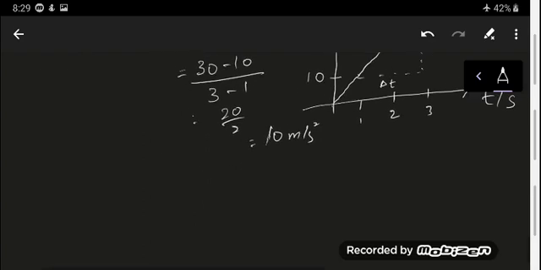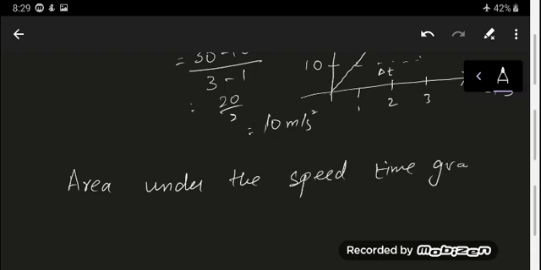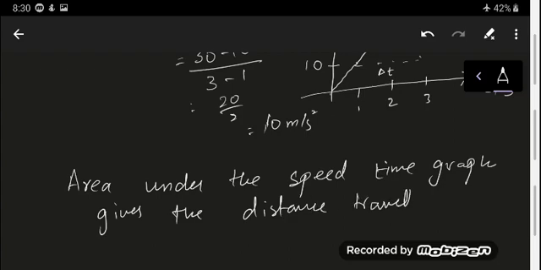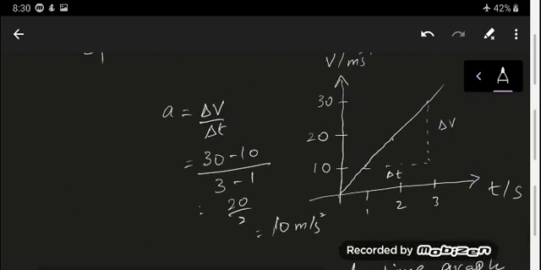The area under the speed time graph gives the distance traveled. Right? So both of the objects would have the same speed time graph, as you can see, right?